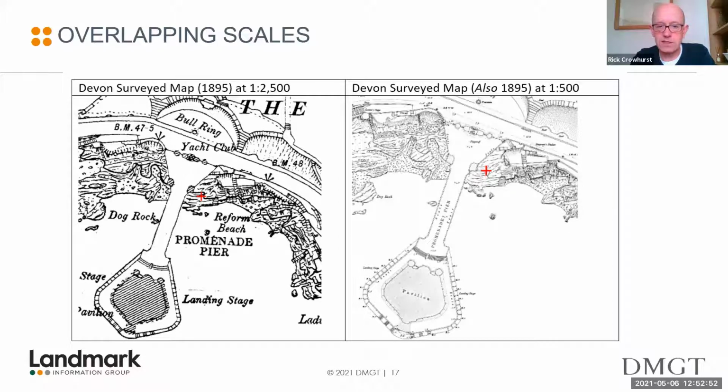So same site, same time, different scale. You can have the same map at the same time, but with differing scales. So it's always worth, again, checking your scales, seeing what you've got, depending on what you're looking for and what you're working with as to the detail that you want to take.